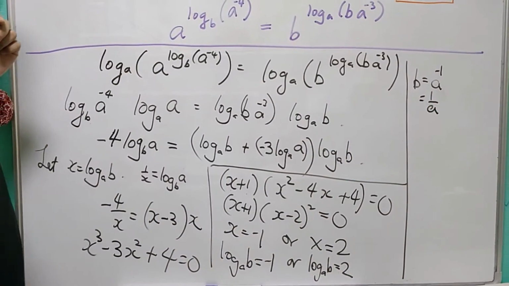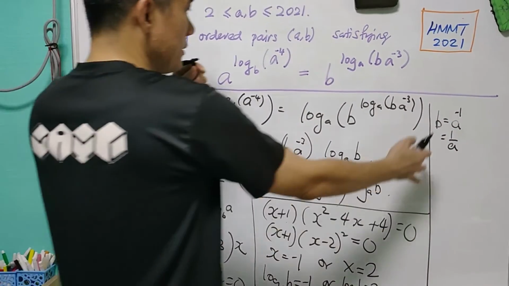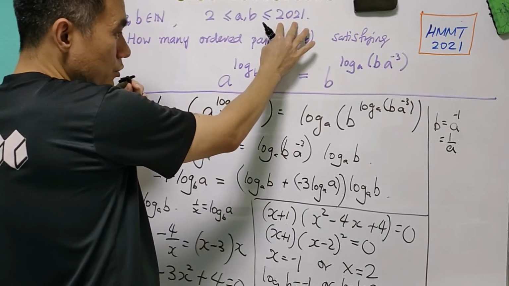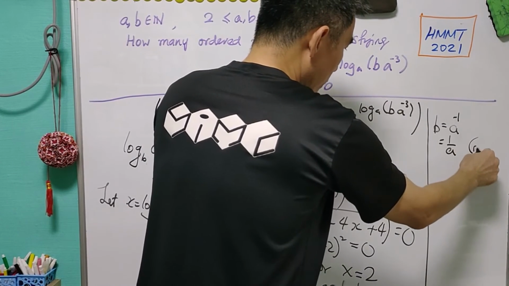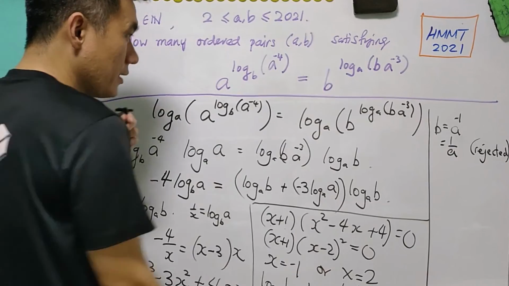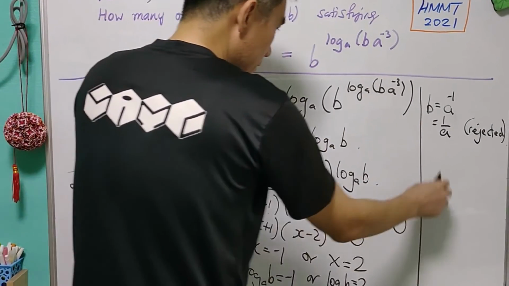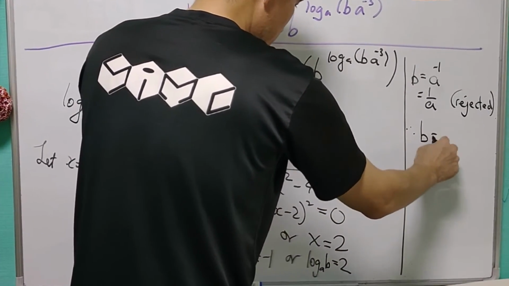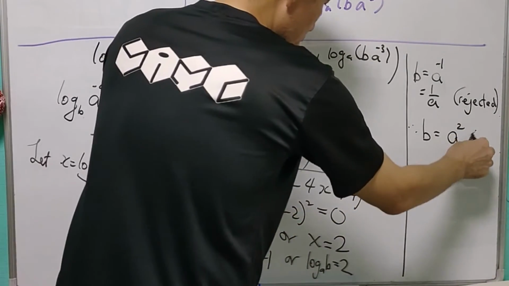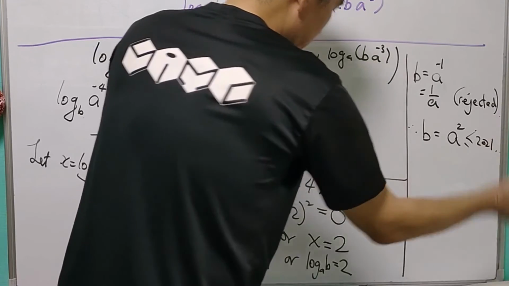We have to reject this result because a, b are both integers from 2 to 2021. This is not possible. Then b has to be equal to a squared, and b is less than or equal to 2021.